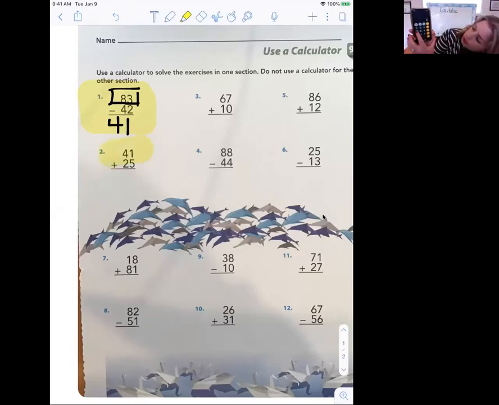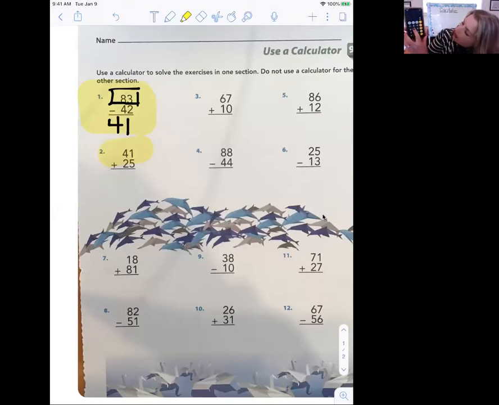So I put in 4, 1. Do you see that? Now, what symbol am I using? 41. Now we got to put in plus. And see on my calculator, it turns white when I hit plus. Plus, what's the next number underneath?